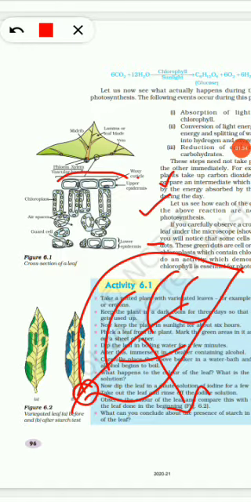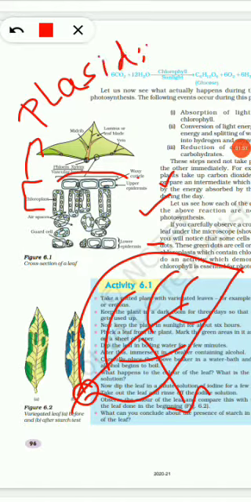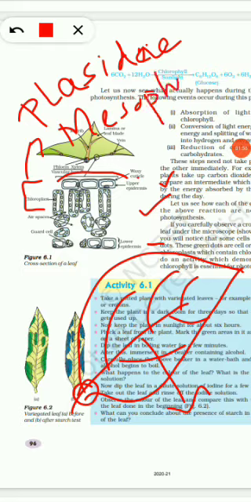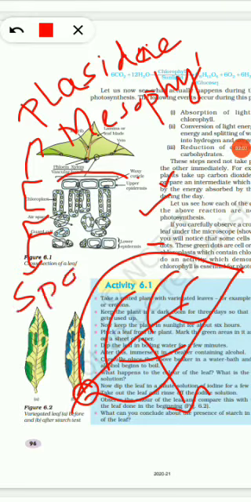Now this particular area, from the upper epidermis till here, is known as palisade mesophyll. So this is the mesophyll layer, the middle layer, and this area where there is a lot of air space is known as the spongy mesophyll layer.